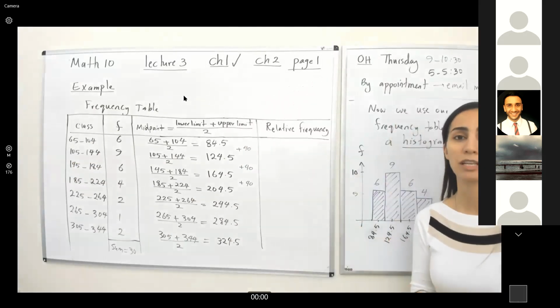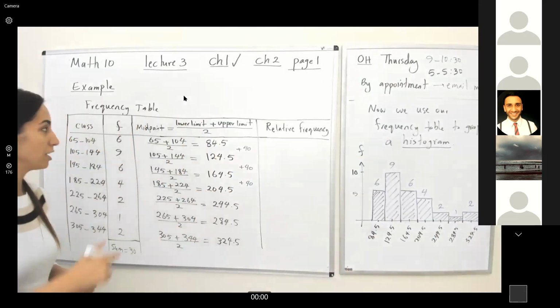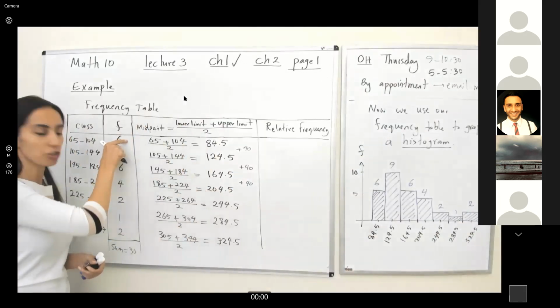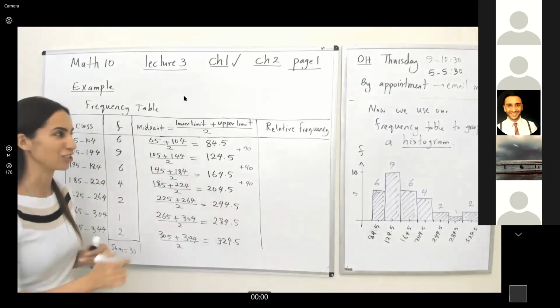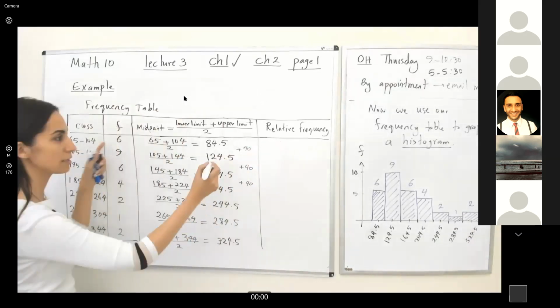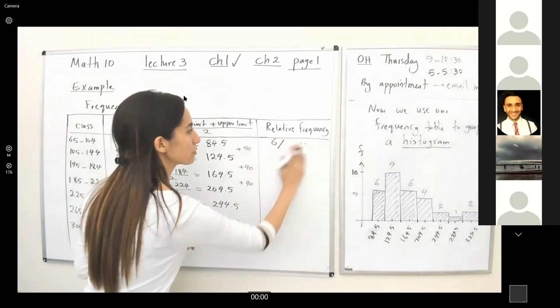How do you find relative frequency? Relative frequency is the frequency of each class divided by the total number of values in your collection. So 6 divided by 30.